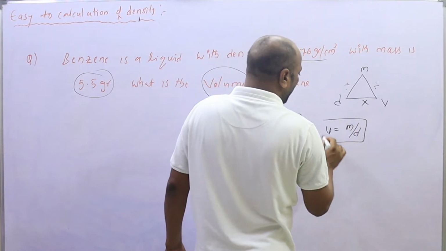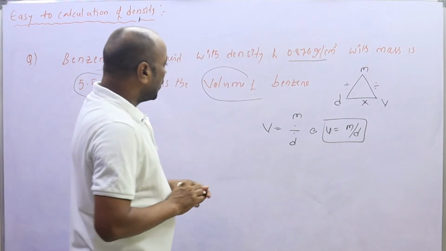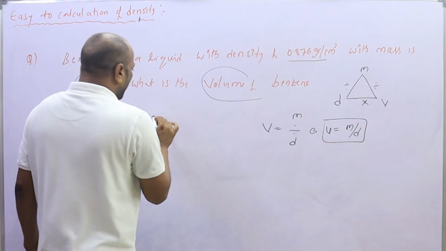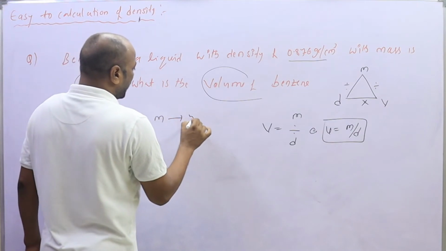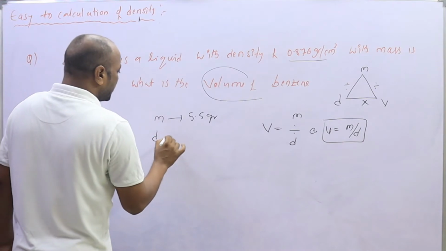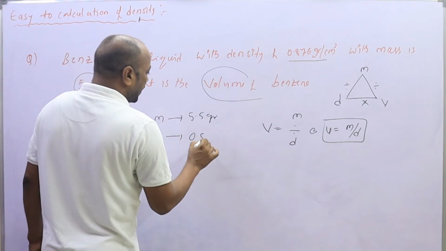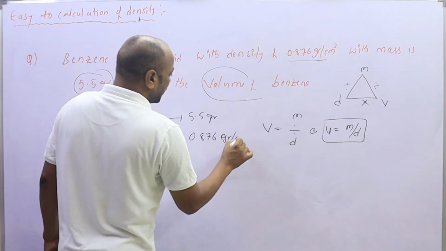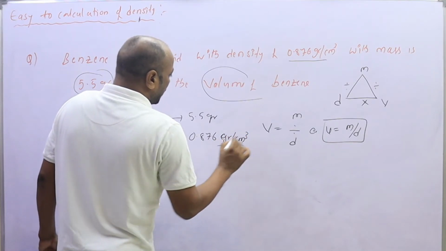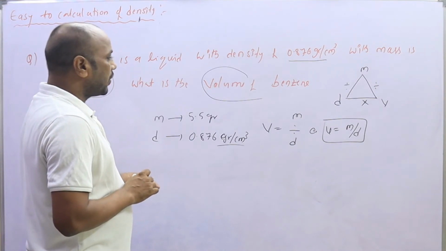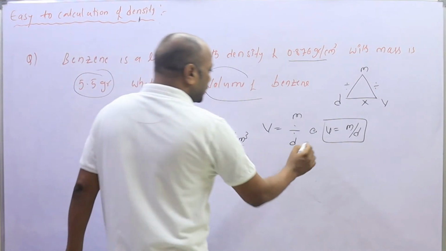This is the formula used to find out volume in this question. So mass is given as 5.5 grams and density is given as 0.876 gram per centimeter cube. These are the values from this question. So now find out using this formula.